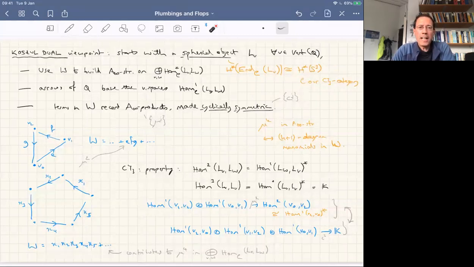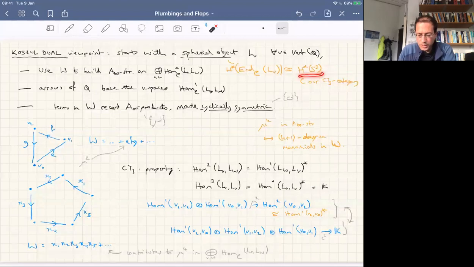And then the algebra I consider will have underlying graded vector space, the direct sum of the graded morphism groups between these spherical objects. Okay, so the morphisms from one of these L_V to itself live in degrees 0 and 3. It's given by the cohomology of S^3.